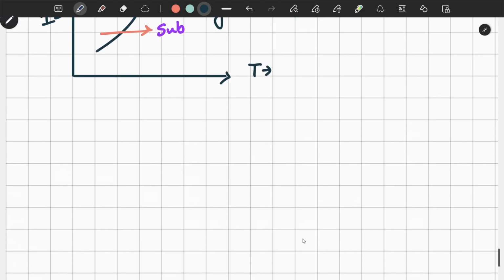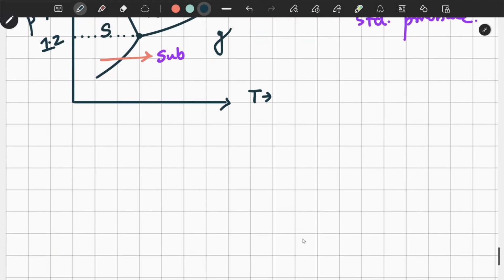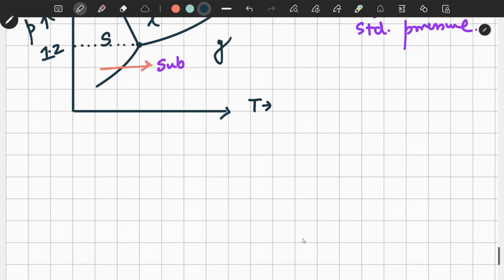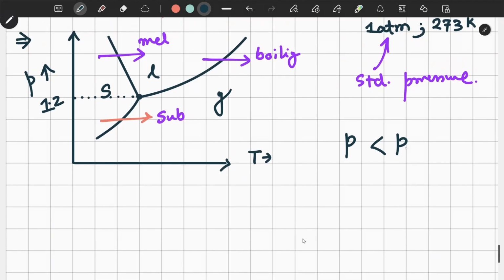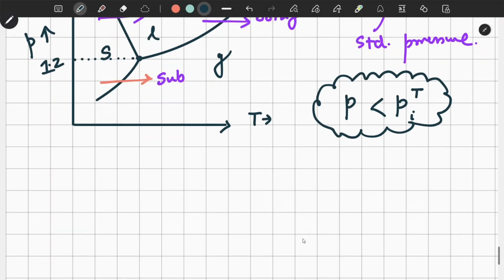Sublimation occurs only when the pressure is less than the pressure at the triple point. Whether it is A, B, C, you don't know, but for any ith substance, if P is below PT, then it's possible.